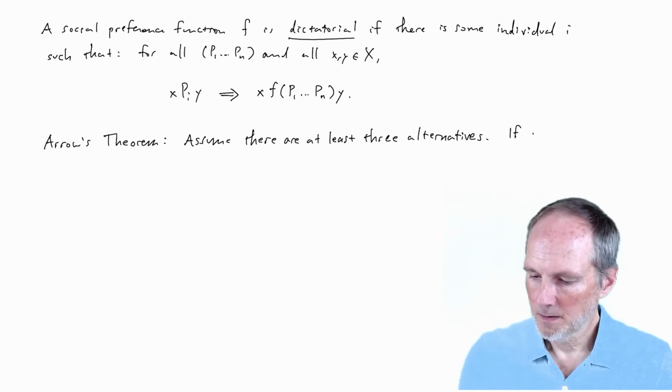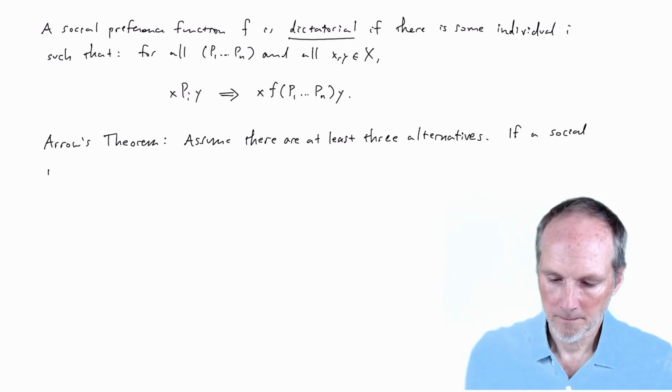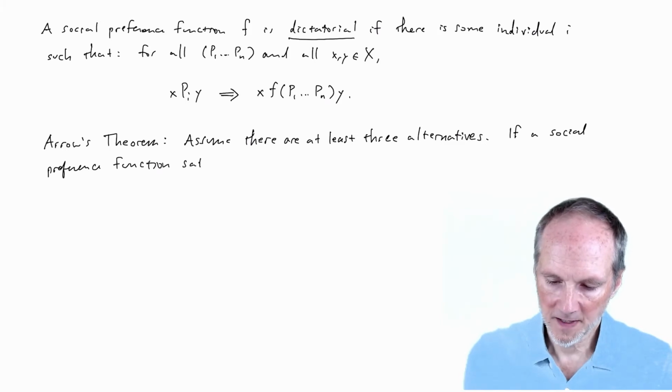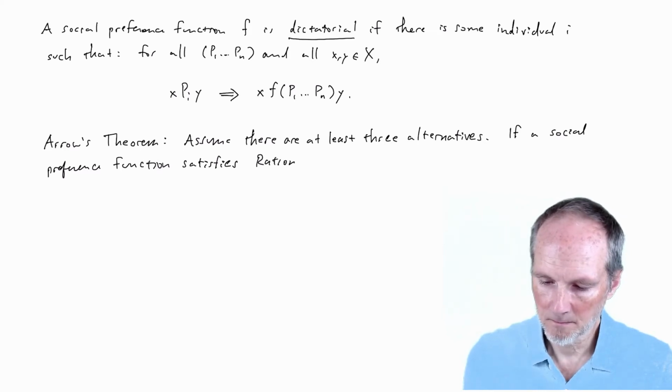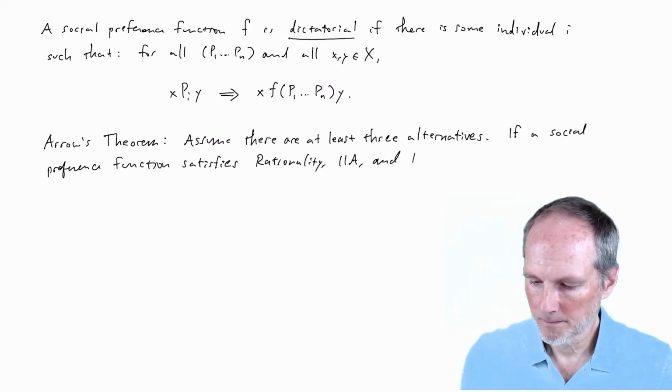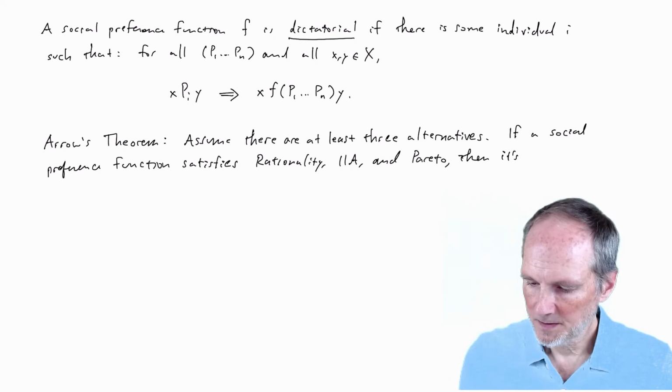If the social preference function satisfies the 3 axioms, so that's rationality, IIA, and Pareto, then it's dictatorial.